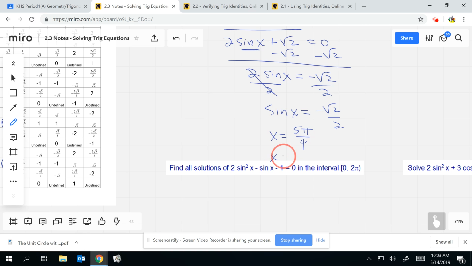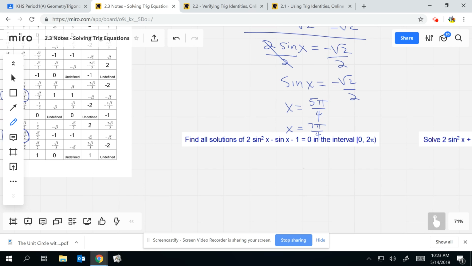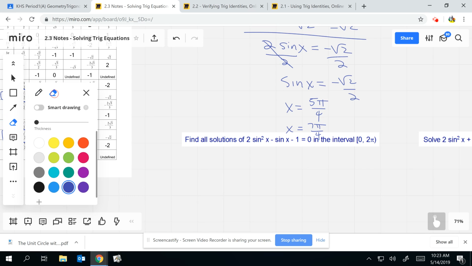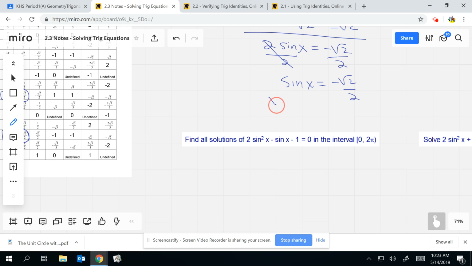And then x could also equal 7 pi over 4. So 5 pi over 4 and 7 pi over 4 could be your two answers. Let me fix that a little bit so you can see it better. Now the reason I want to fix this is because we're going to need to write some stuff next to it as well.